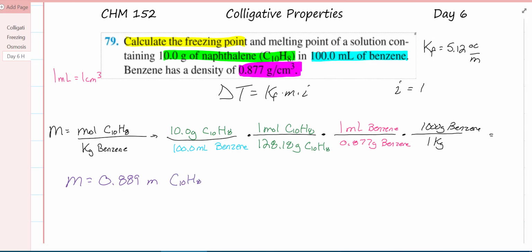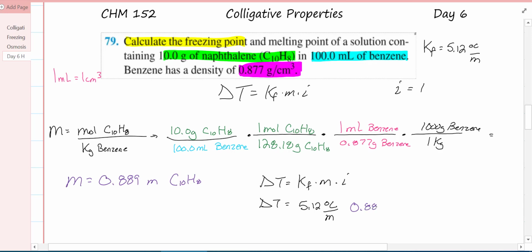Okay, so delta T was KF times m. i is 1. So delta T equals 5.12 degrees Celsius per mole times 0.889 mole times 1 for the van 't Hoff factor.